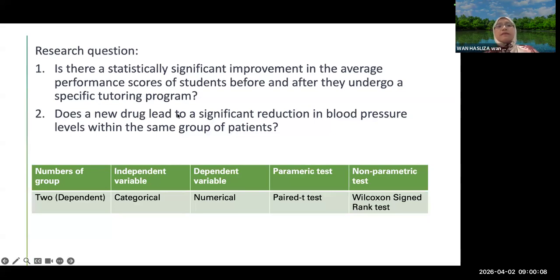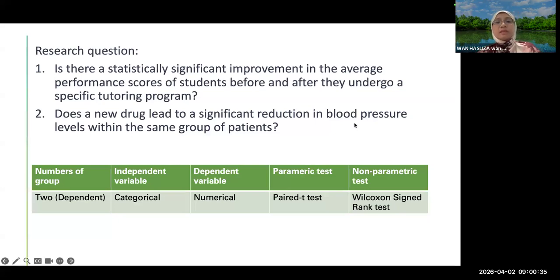So the company gives you a new drug. Of course, you want to test it. Before you test the effectiveness of the new drug, you have to take the baseline blood pressure first because you want to compare. If you didn't take the initial baseline, how would you know if this drug is effective or not? So they have pre and post measurements of blood pressure because you want to see whether the new drug is effective or not.